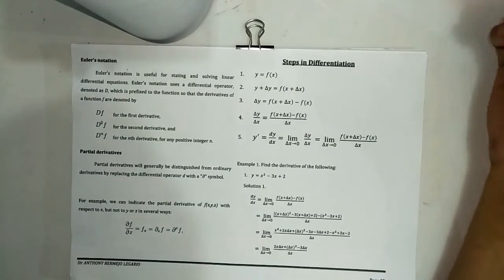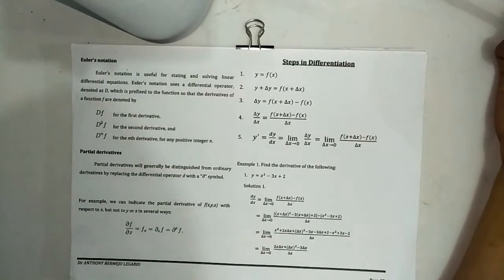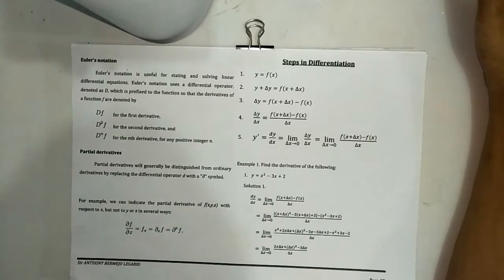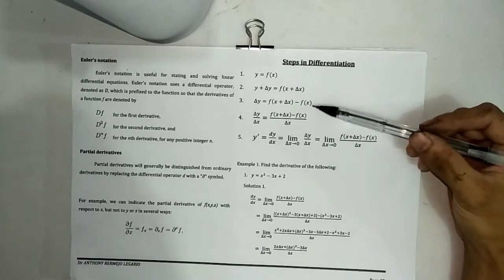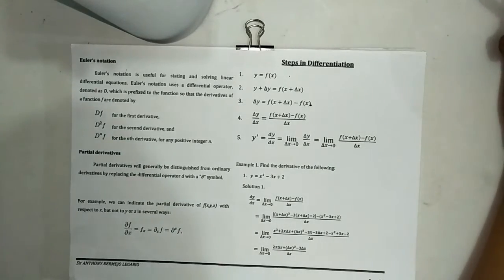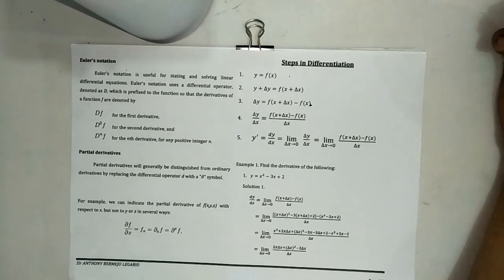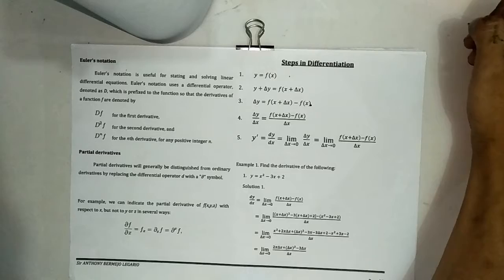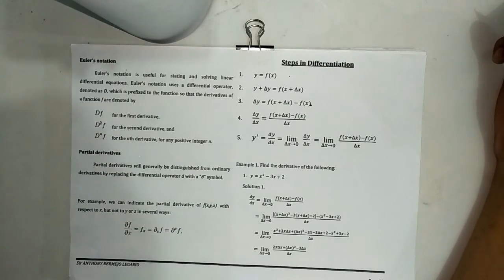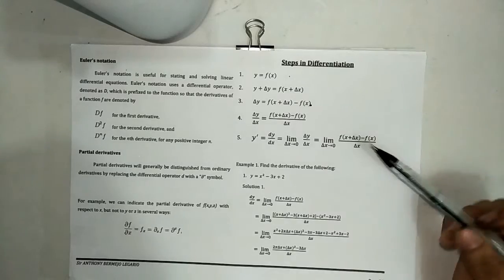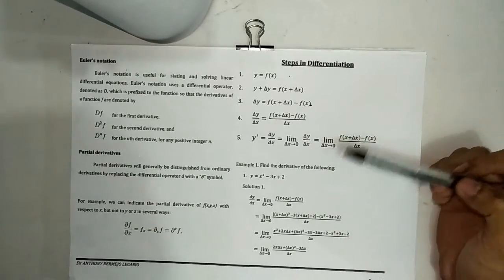So later on, malalaman nyo kung paano tayo mag-solve neto. Step 3, we have change y is equal to f of x plus change x. And then, ima-minus natin siya sa original na function. Then step number 4, we are going to have change y all over change x is equal to f of x plus change x minus the original of the function all over change x.